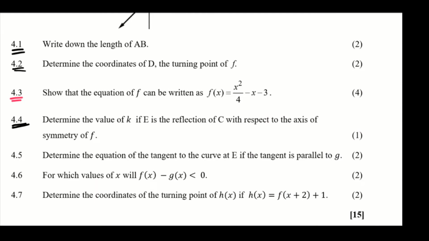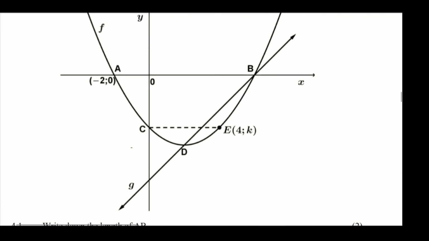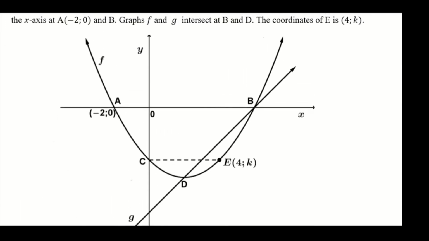The question says that determine the value of k if E is the reflection of C with respect to the axis of symmetry, right? So now we want to identify the value of k. Remember that the coordinates of C were calculated as 0 and minus 3, right?